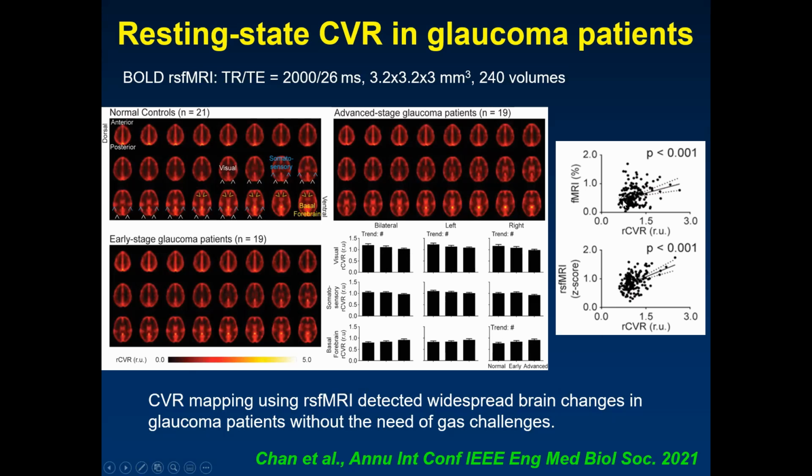They also showed that within the visual cortex, this relative CVR is significantly correlated with the task fMRI signals, and also correlated with resting state functional connectivity fMRI Z-scores. So their results suggest that this CVR mapping detected using resting state fMRI could detect brain changes in glaucoma patients.